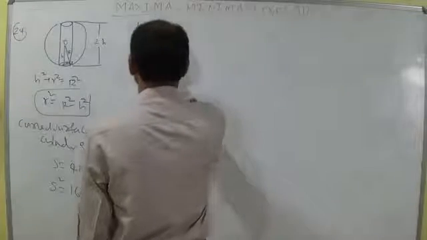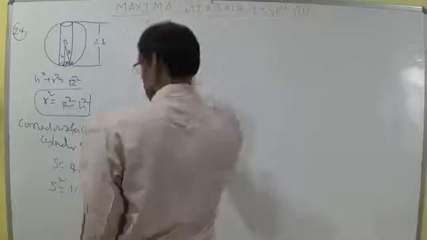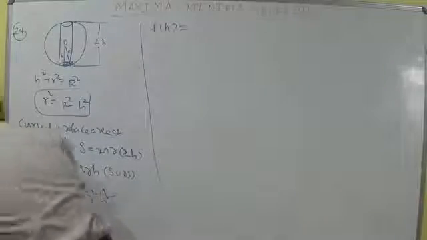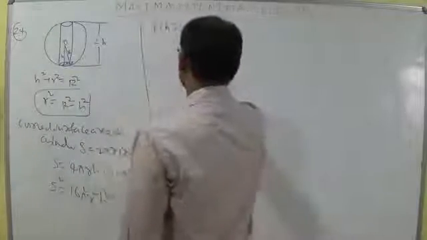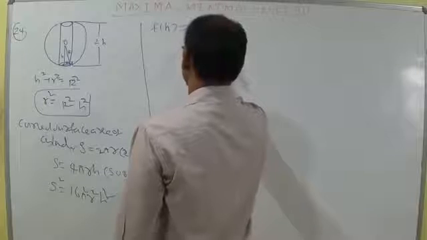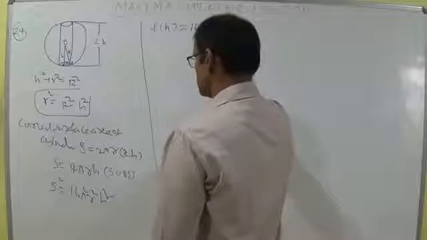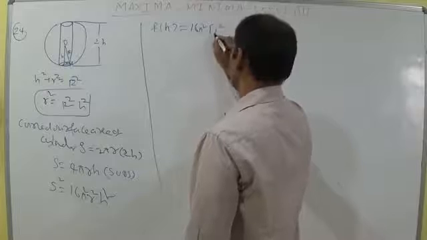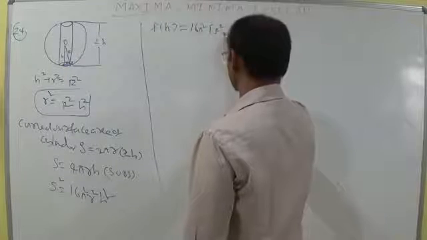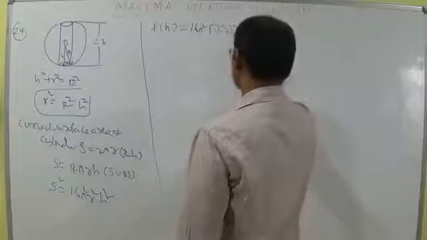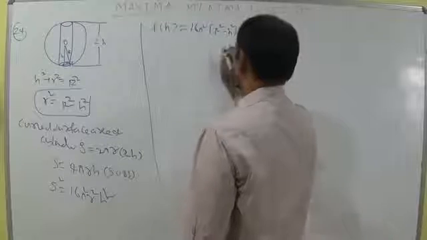So S square, you write F of h. F of h is equal to 16 pi square, instead of r square you can write R square minus h square into h square.